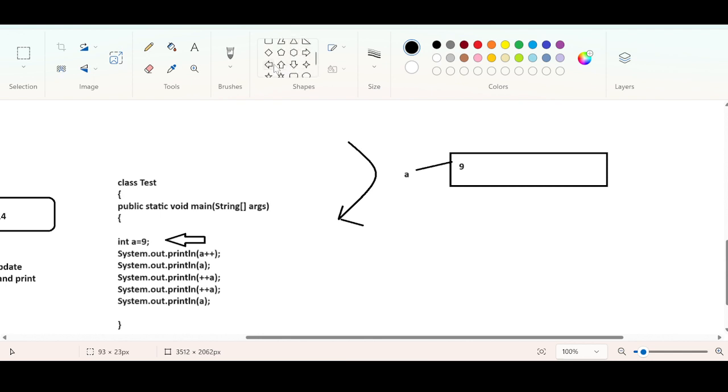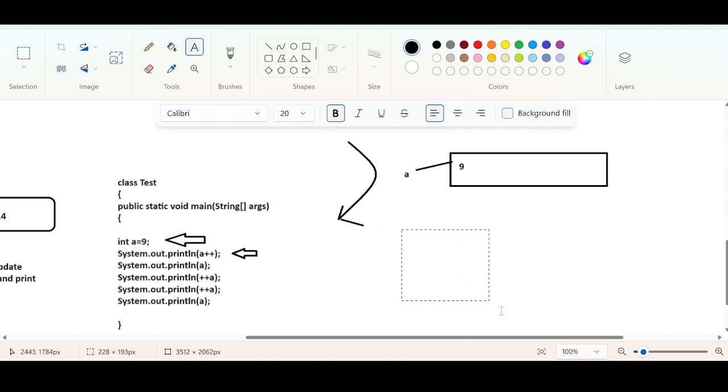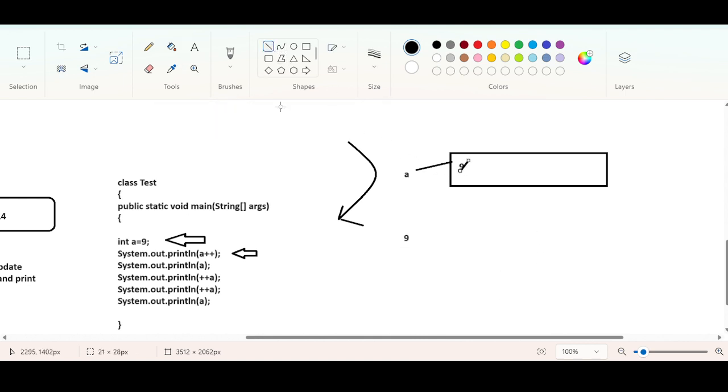The first line, a plus plus, a post increment. Post increment means print the value in the console, then update. So 9 will be printed in the console, and the increment operation will happen. So 9 will become 10.